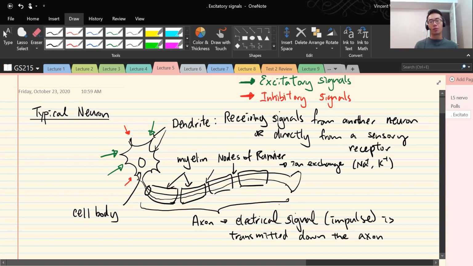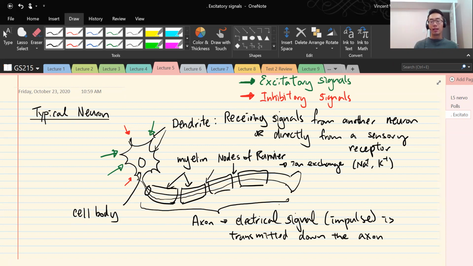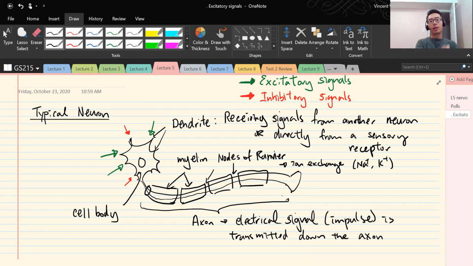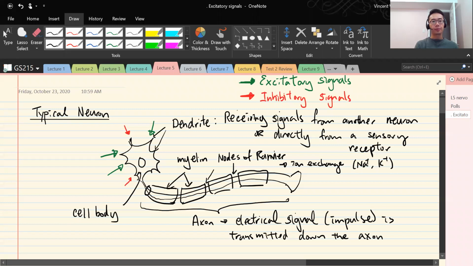After all, an electrical signal is nothing more than having electron excess and electron deficit, right? So by exchanging these ions, you create that imbalance of charges, and that signal will go down the axon. If you watch the recordings, you will know what I'm talking about. If not, that's okay. I will explain more later.